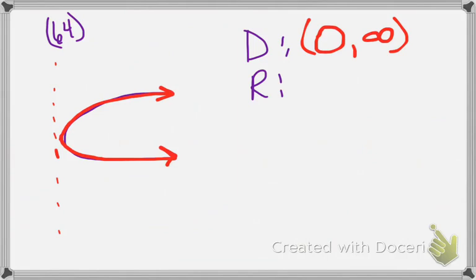Or you could say that it goes from 0 and everything else is going to be greater than. Oh, not y, x. So I could say 0 is less than or equal to x. Or you can say it goes from 0 to infinity, and either way you feel comfortable writing it is okay.